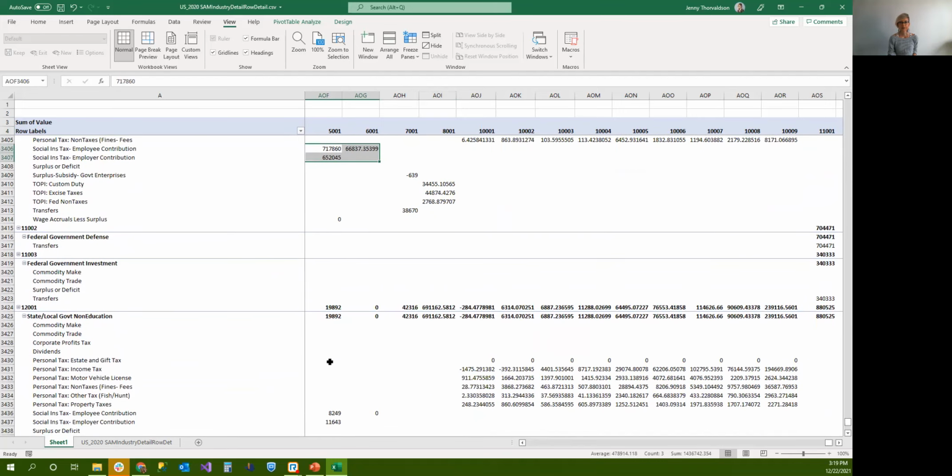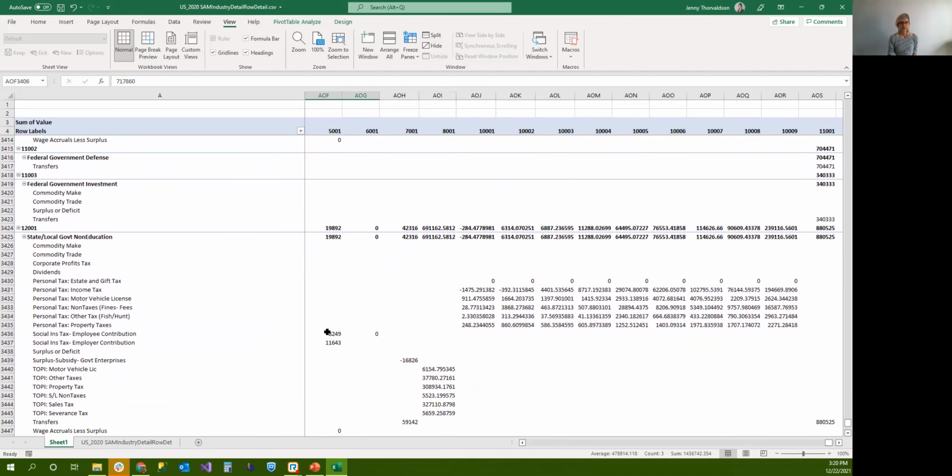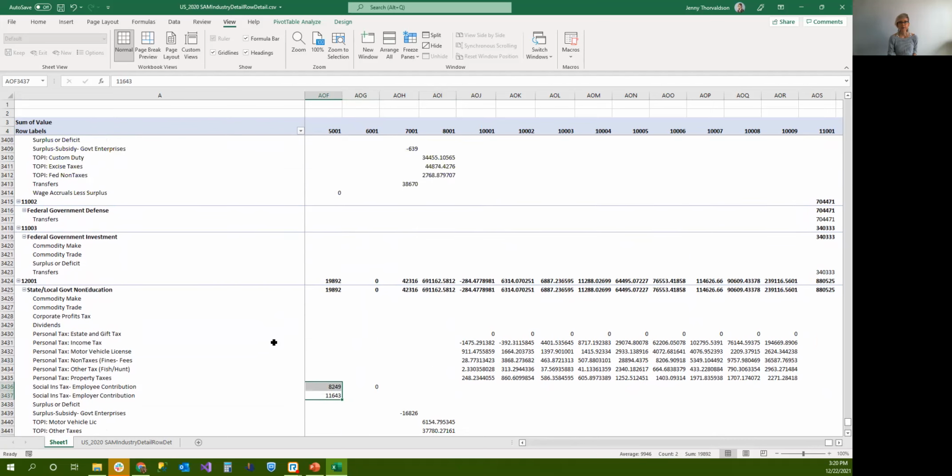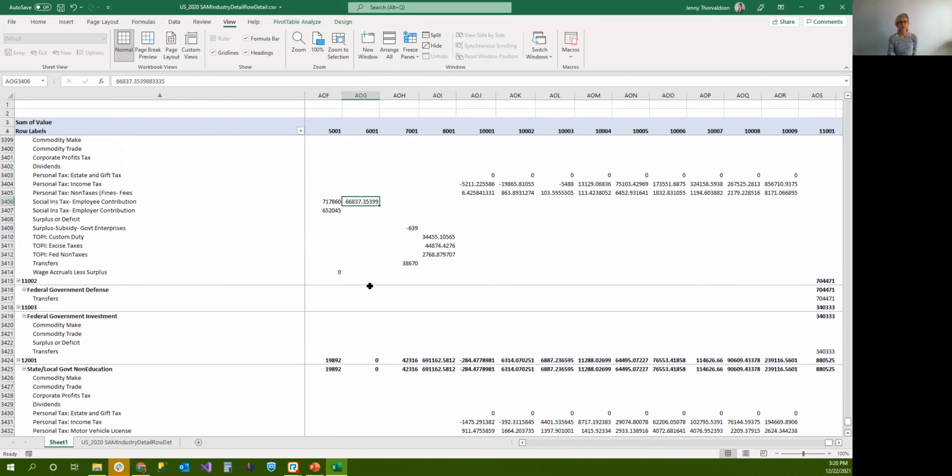And same in the case of employee compensation, they also pay it to state and local government. For proprietor income, that only happens at the federal level. And you can see that for proprietors, they have to pay both portions of social insurance tax because they are the employee and the employer. So they're just paying that one side of it.